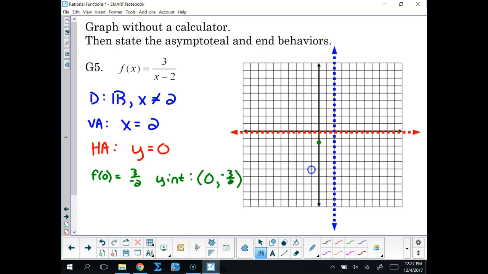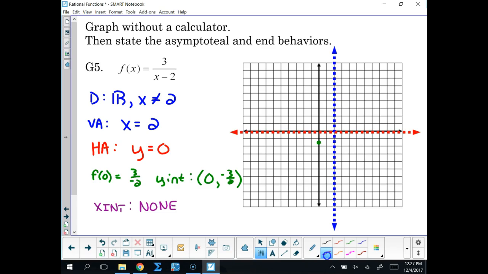X-intercept. None. Because can 3 ever be 0? No, 3 is 3, not 0. So there is no x-intercept. So that would be like on last week's quiz. We would put none for that case.